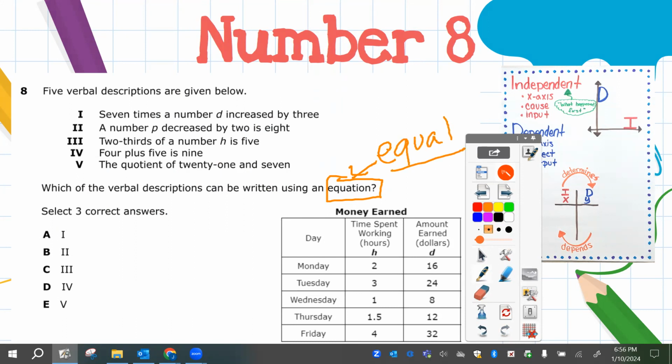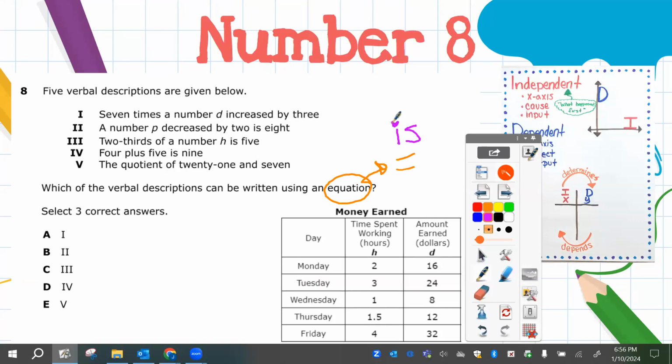Equation, E-Q-U-A, almost says equal. So an equation is going to have an equal sign. Now, as I read through these, they're words, I don't see an equal sign. But a key word for equals is "is."